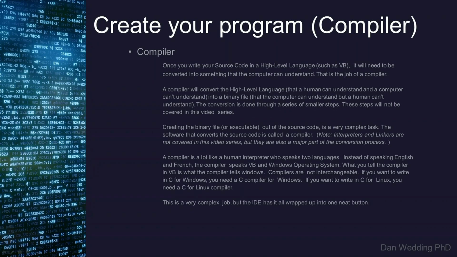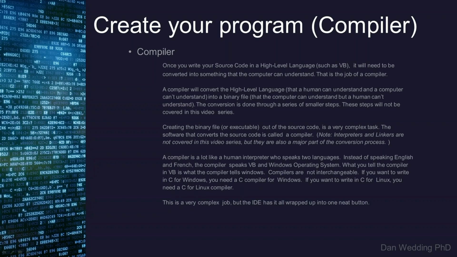Once you write your source code in a high-level language such as VB, it will need to be converted into something that the computer can understand. That is the job of a compiler. A compiler will convert the high-level language that a human can understand and a computer can't understand into a binary file that a computer can understand but a human can't understand.